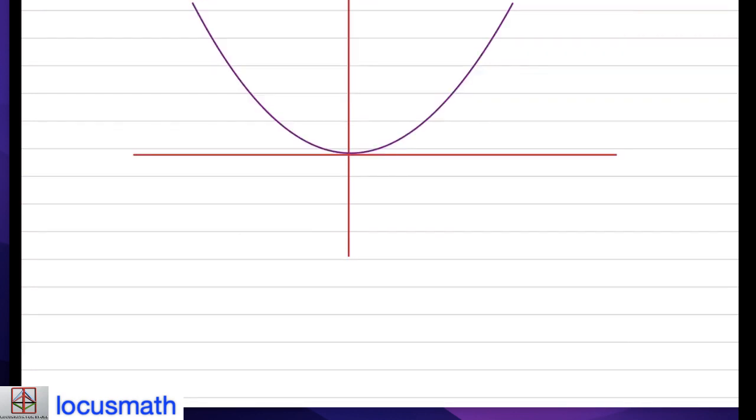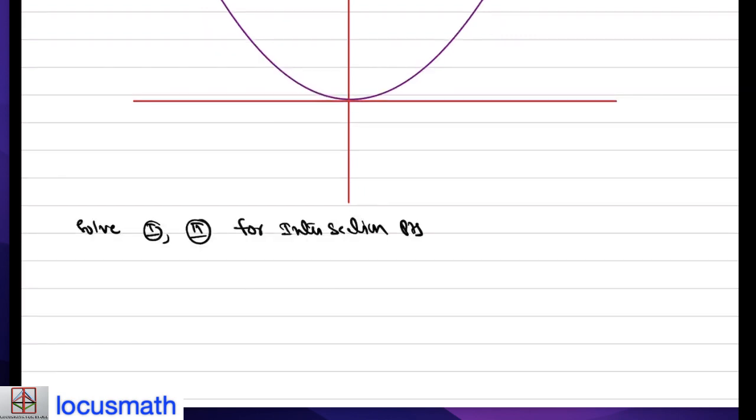Now we will try to find the intersection points. Solve equations 1 and 2 for the intersection points. So how to solve?